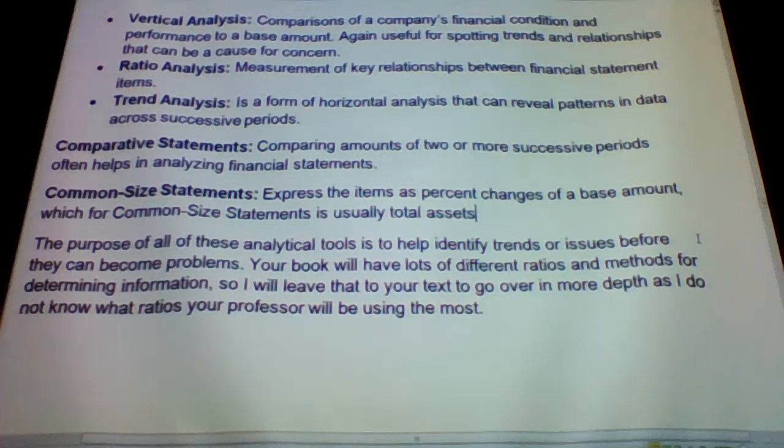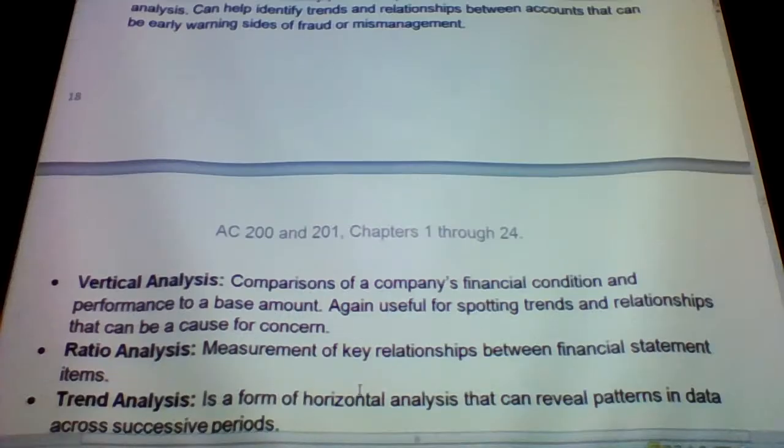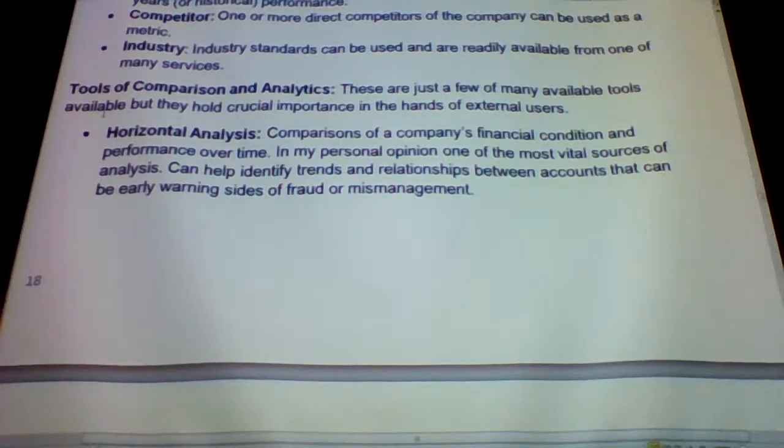But I can tell you from my perspective as a forensic accountant, horizontal analysis is an extremely important tool for analysis, because it allows you to look at trends in your company's historical behavior and helps you to associate those trends with items that may not directly relate to each other.